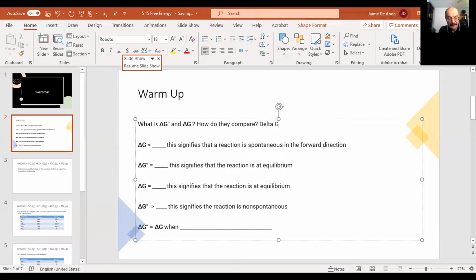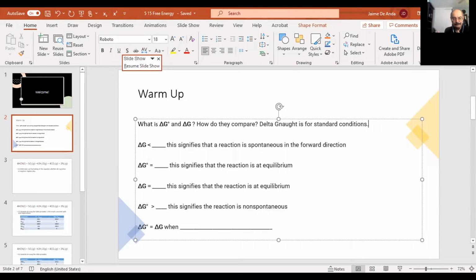Delta G naught, I can't do the subscript right now, is for standard conditions. Many times they're the same, but typically delta G naught is established for 1 atmosphere pressure, reactants in solution at 1 molar concentrations, and a temperature typically defined as 25 degrees Celsius.